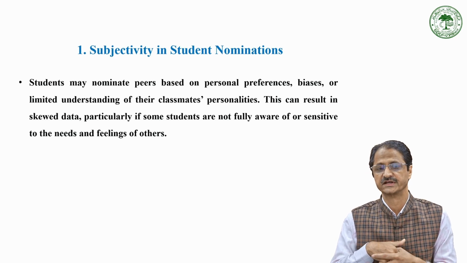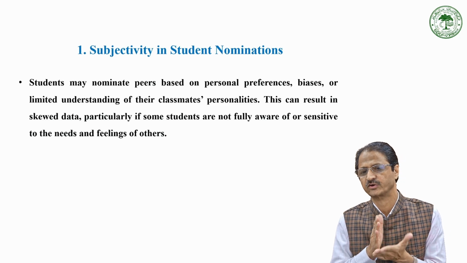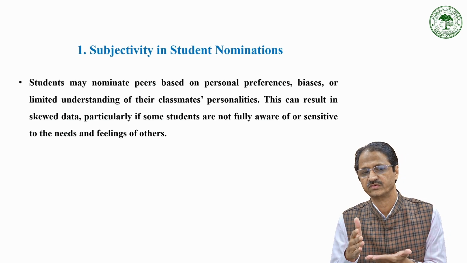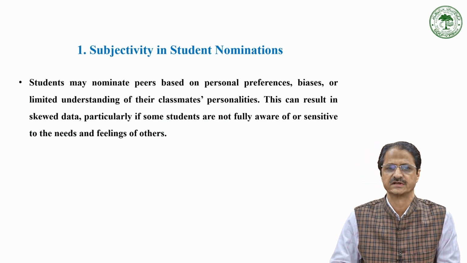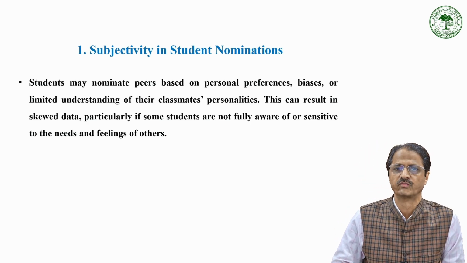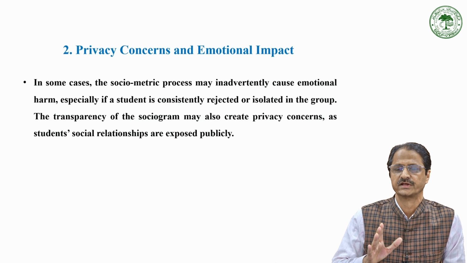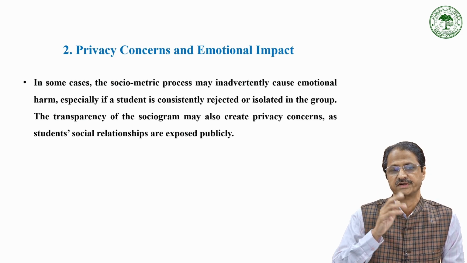This can result in skewed data, particularly if some students are not fully aware of or sensitive to the needs and feelings of others. So this is basically one drawback or one limitation of the sociometric techniques. The nomination depends upon a number of other aspects rather than the actual personality of the students.